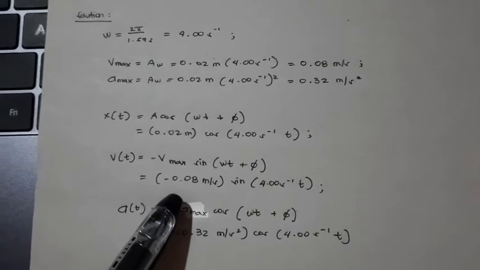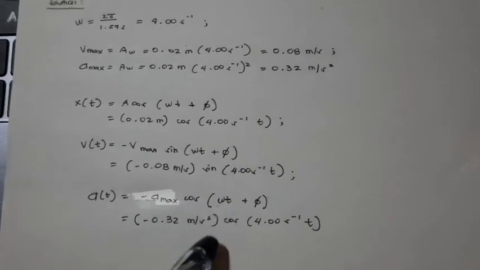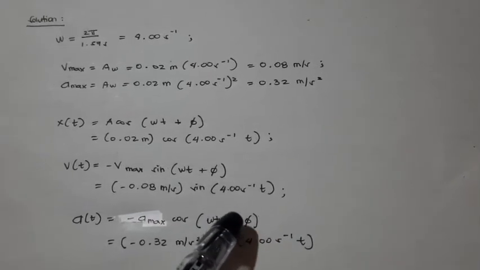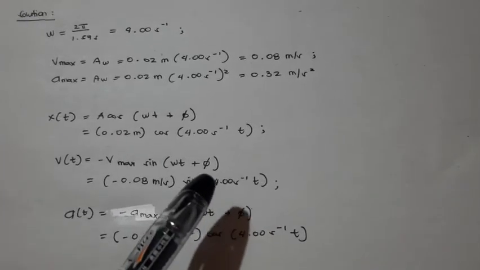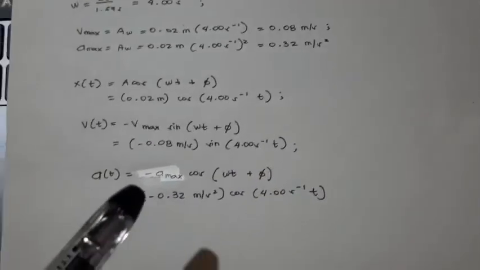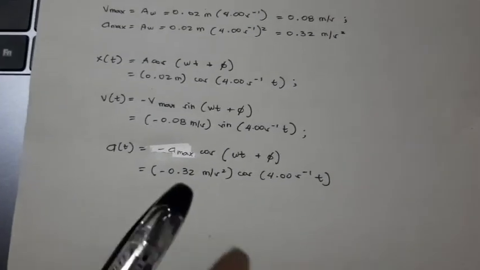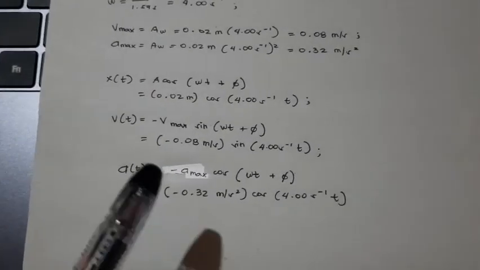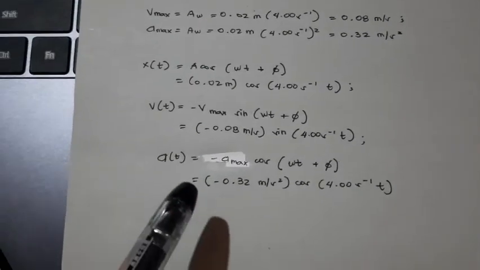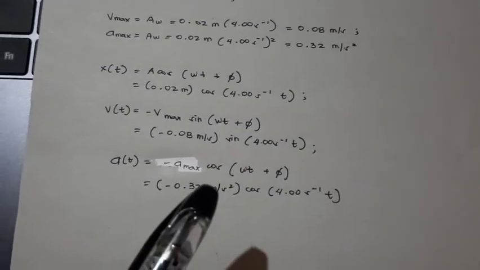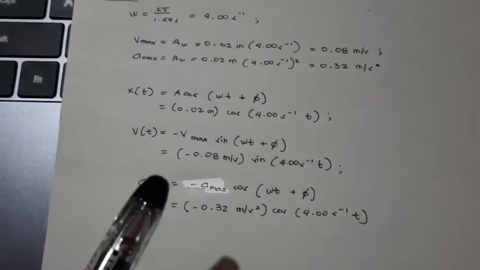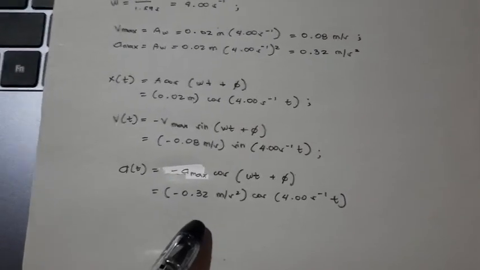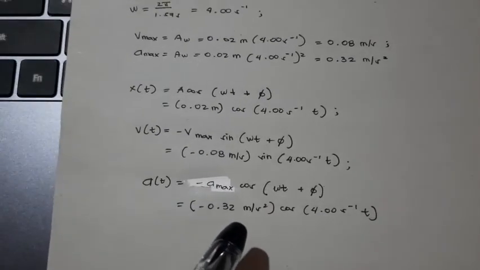So negative 0.08 meter per second sine of 4.00 second raised to the negative 1 power times t. Sorry. The last one is the acceleration of the mass on the spring, which can be found by taking the time derivative of the velocity. So that becomes the negative maximum acceleration, negative 0.32 meter per second squared.